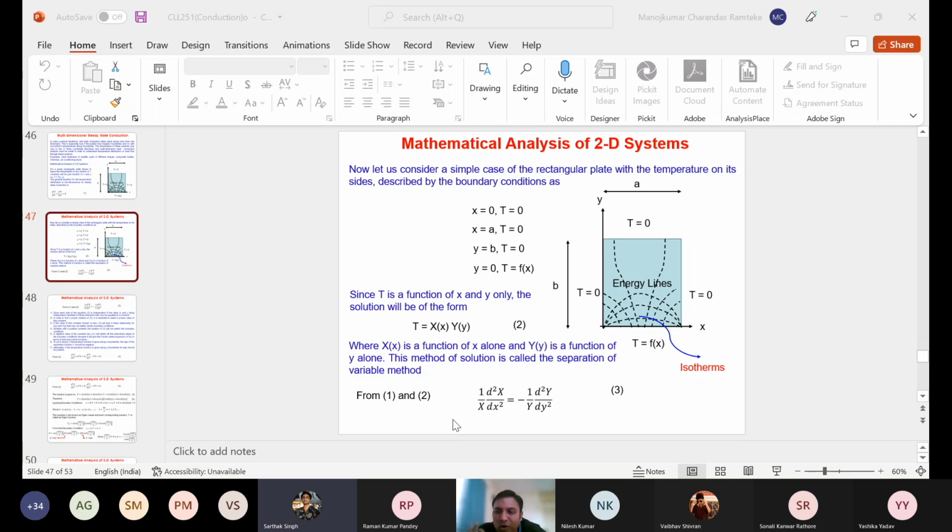So see, we have solved only for one case, but you can solve it for the other case also in a similar manner. And why that is required is also an important question, because it's not that only one surface is going to have a temperature variation and the other surfaces will not. It's not going to happen. So how it is solved analytically is that we solve it for one surface each, and then we add all these contributions. That is what we do in a Fourier series also.